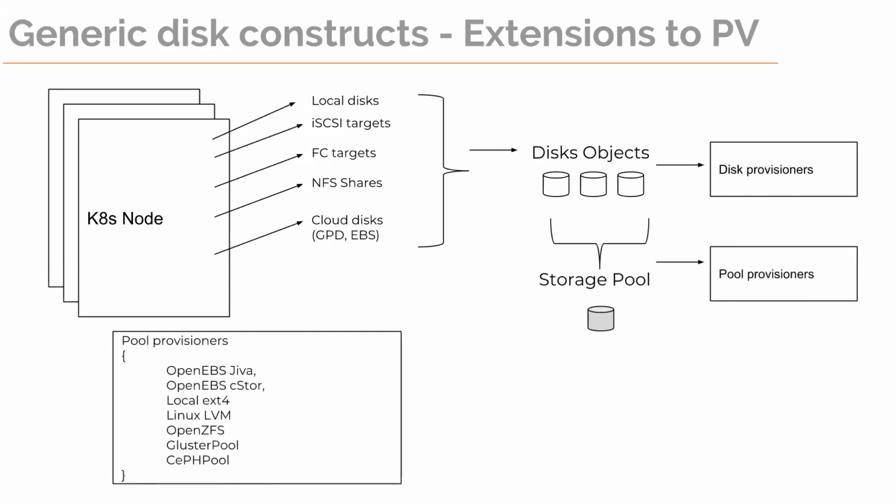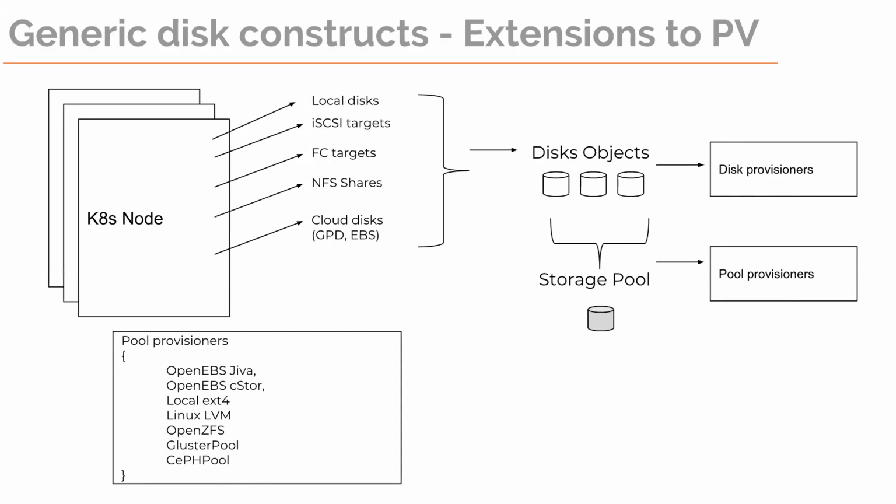Typical pool provisioners that satisfy this interface are OpenEBS Jiva, cStor, or it could be the regular, the default ext4, or the commonly available LVM, OpenZFS, or other open source storage projects like Gluster or Ceph. Right?